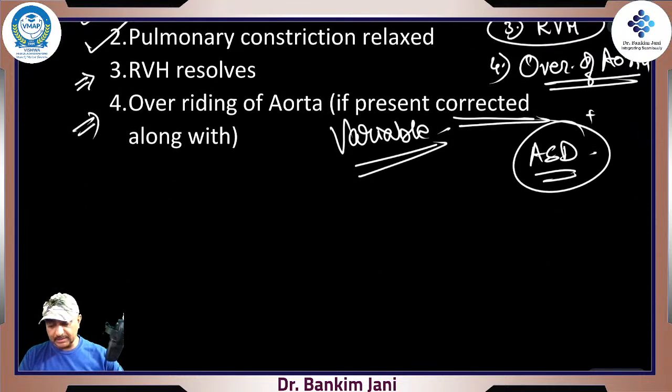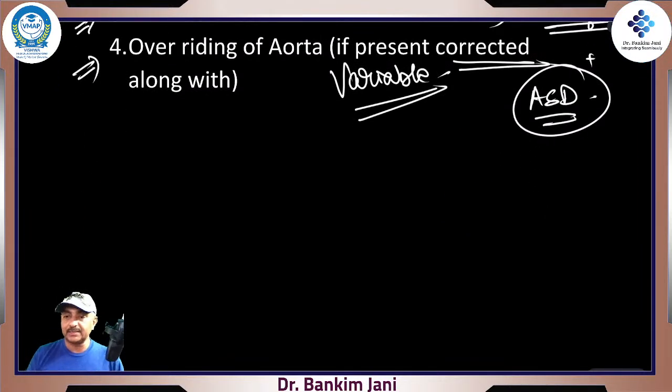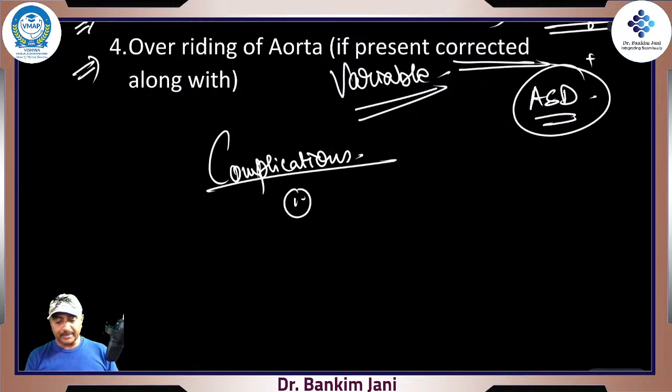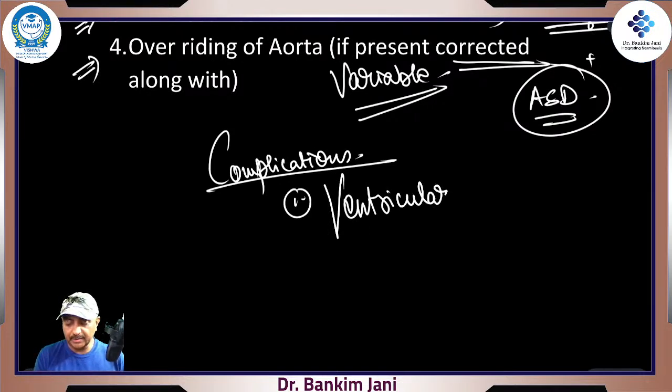So just by the looks of it, it seems that yes, things are pretty complex, right? That's why with post-surgical complications, there can be so many, but the commonest complication, if it is asked, never forget, it is ventricular arrhythmia.